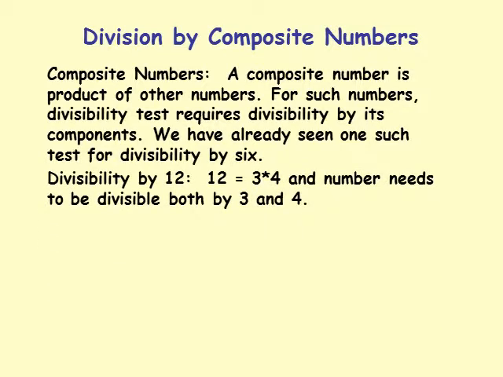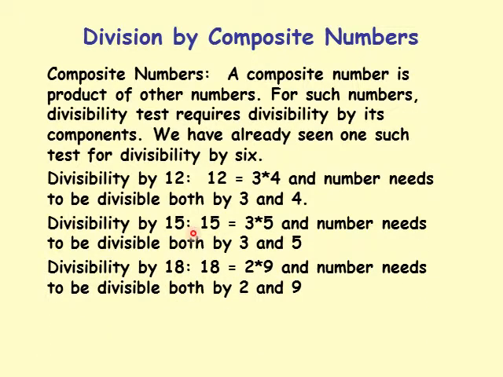Let's continue here. Divisibility by 12. 12 is 3 times 4, and the number needs to be divisible both by 3 and 4. For a number to be divisible by 12, it has to be divisible both by 3 and 4. Let's continue. Number 15. 15 is 3 times 5.